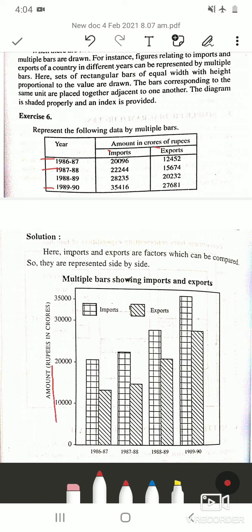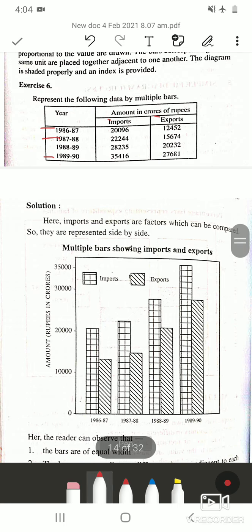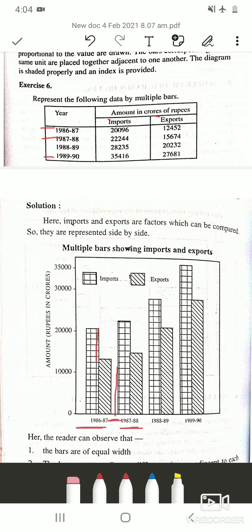So all you have to remember in multiple bar diagram is that the bar diagrams for one year are drawn side by side, that is adjacent, without leaving any gap, but from one year to another year you have to leave some space, and the distance between the consecutive bars must be the same.